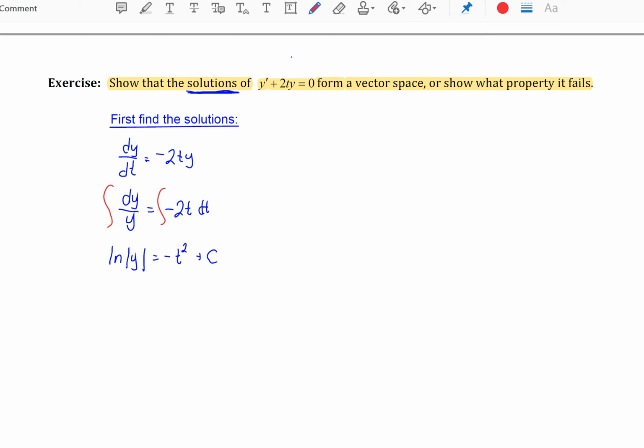To solve for y, you'd raise each side with base e. Remember, all of this has to be an exponent on e. And maybe you use the property then that the exponent and the natural log cancel on the left. And on the right-hand side, let's write that as a product of two exponents. So e to the negative t squared times e to the c.